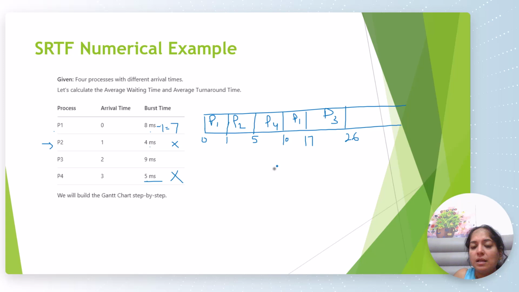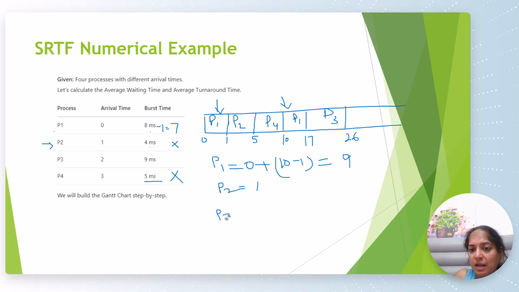Okay. Now if we compute their waiting time, for process P1, if you see here, process P1 is being executed twice. So the waiting time is 0 plus 10 minus 1, which comes out to be 9. Waiting time of P2 is 1. Waiting time of P3 is 17 and waiting time for process P4 is 5. We can calculate the average waiting time.